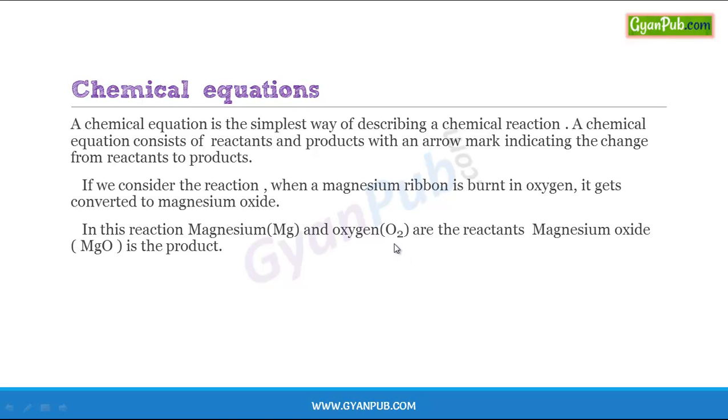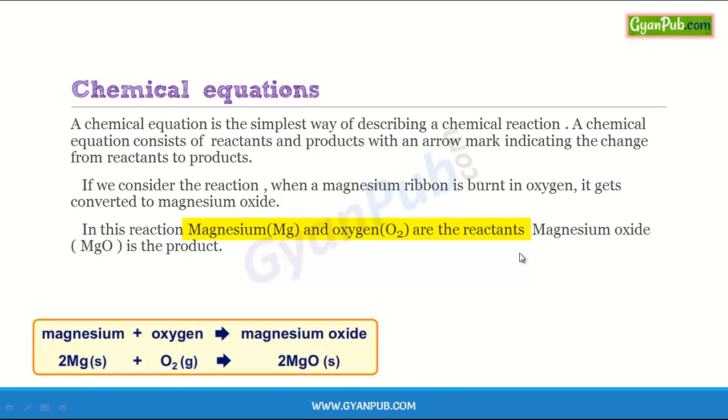If we consider the reaction where a magnesium ribbon is burnt in oxygen, it gets converted to magnesium oxide. In this reaction, magnesium and oxygen are the reactants and magnesium oxide is the product.